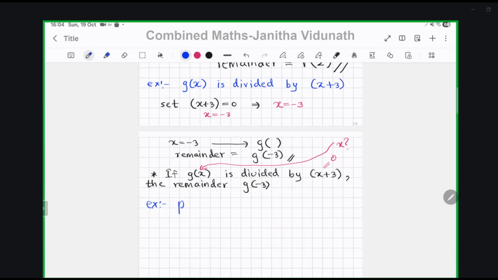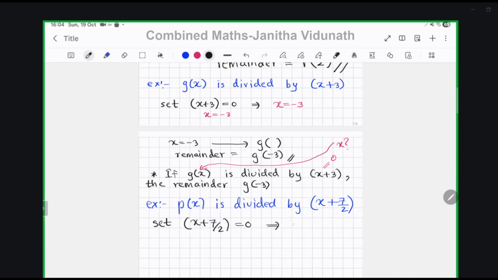Let's say we have a function p(x). We need to divide this by x plus 7 over 2. Now, first thing we need to set our divisor, x plus 7 over 2, to 0.